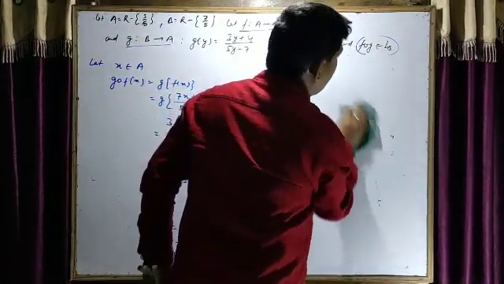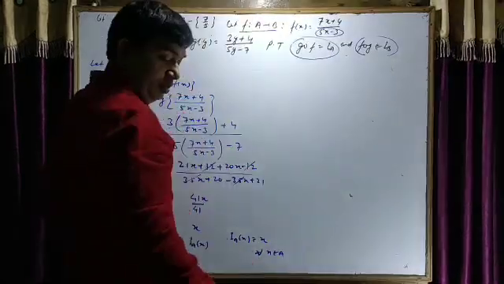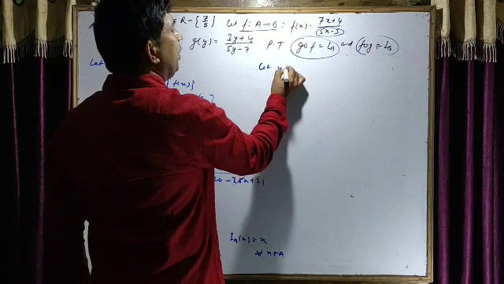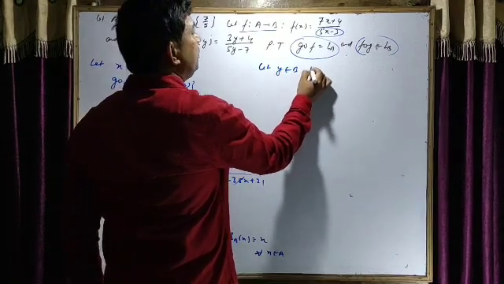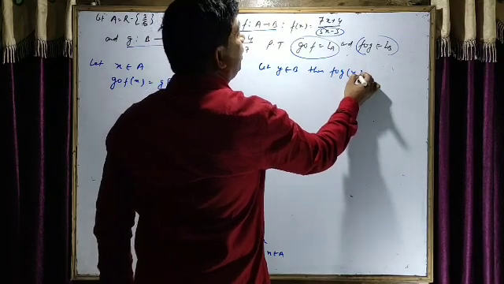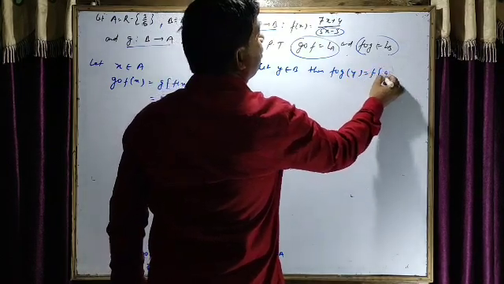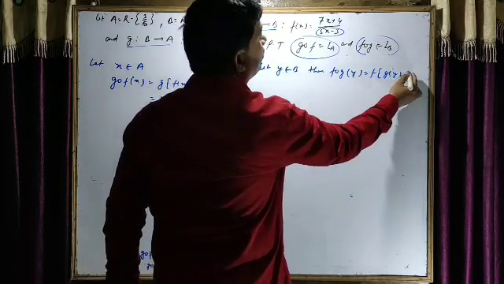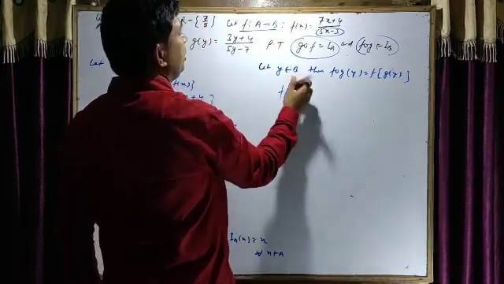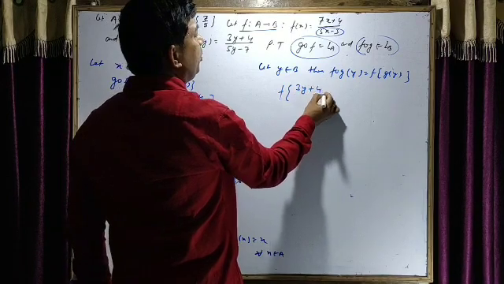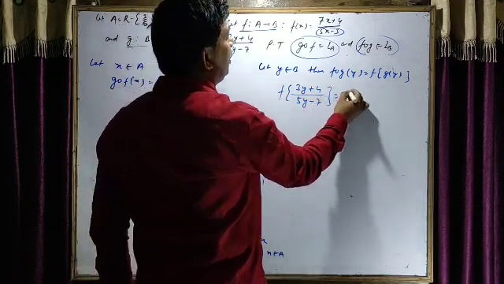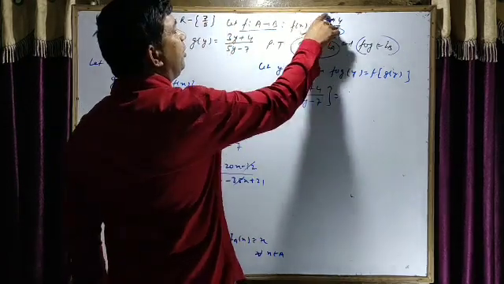Now what about fog? Let y belong to B, then fog of y equal to f(g(y)). So f(g(y)) means f of (3y + 4)/(5y - 7).